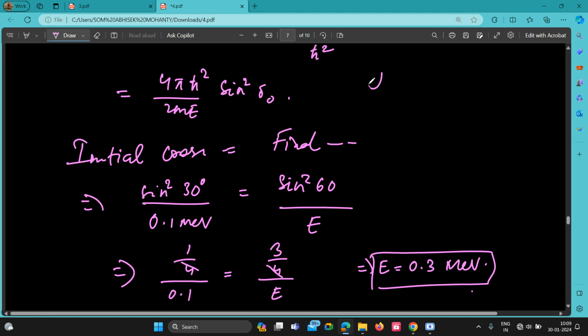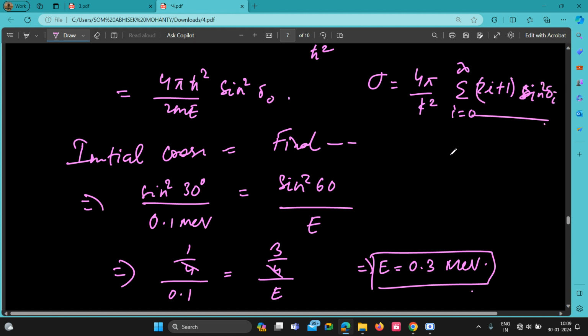Again, just remember, sigma is equal to 4 pi by k square, summation l, 2l plus 1 sine square delta l. So here for S wave, we know l is equal to 0. So just put it: sigma is 4 pi by k square sine square delta 0.